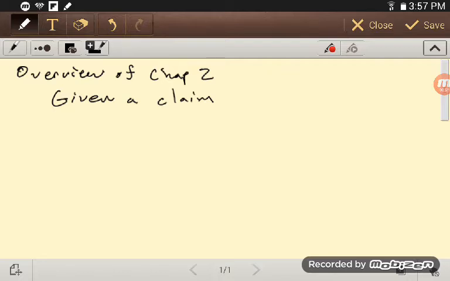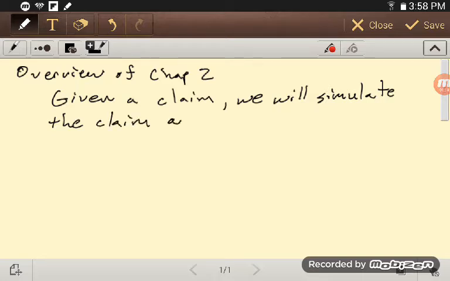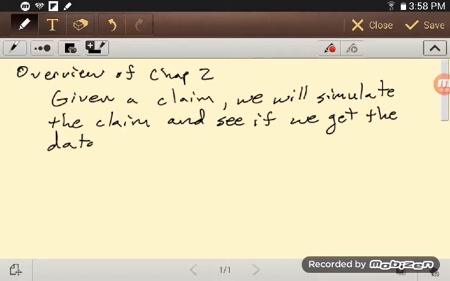So given a claim, we will simulate the claim and see if we get the data that are presented. Okay, that's pretty much the idea.